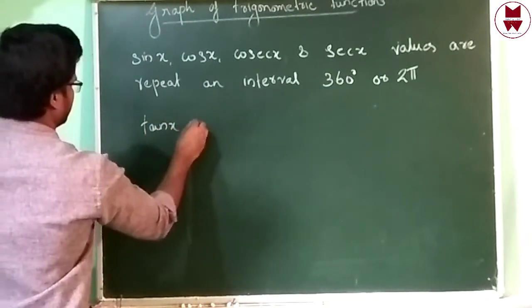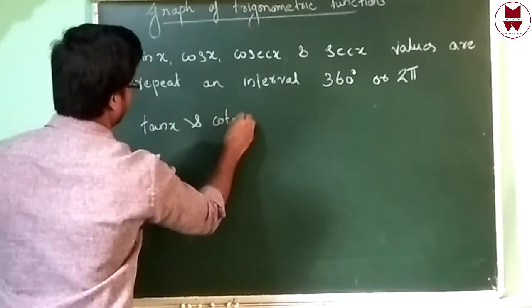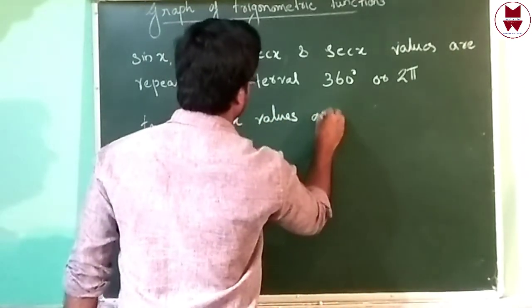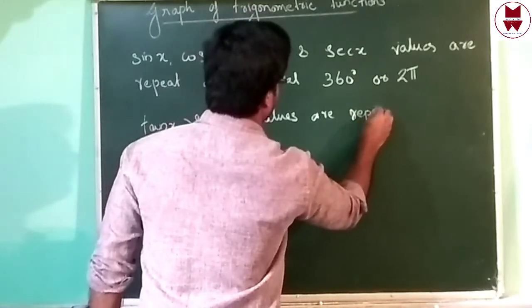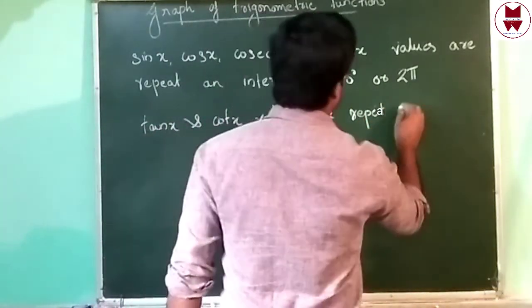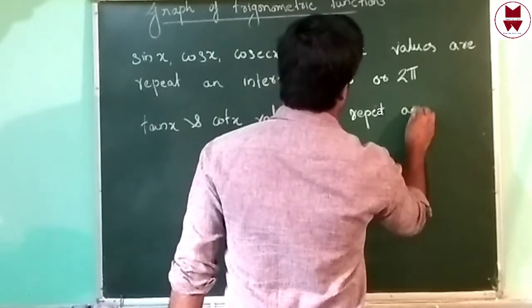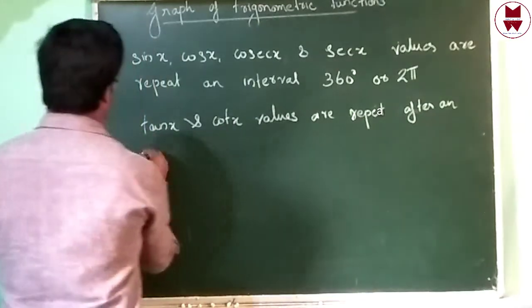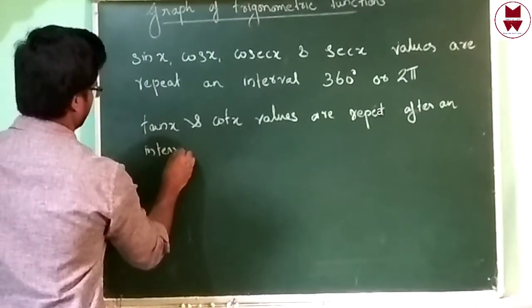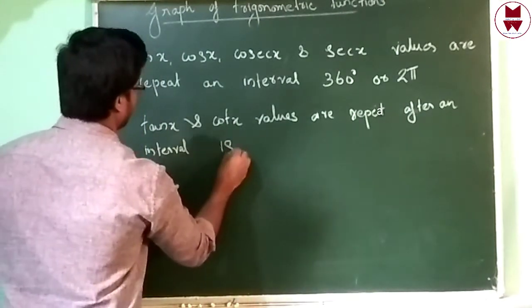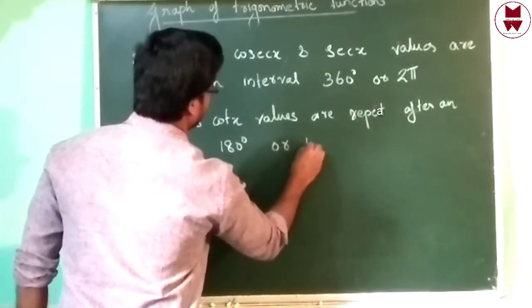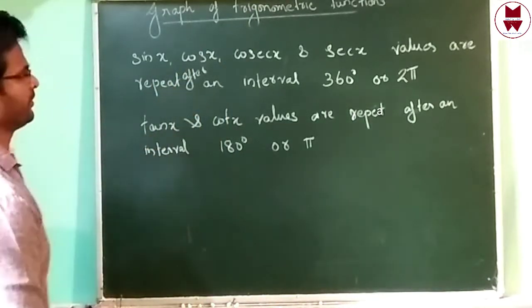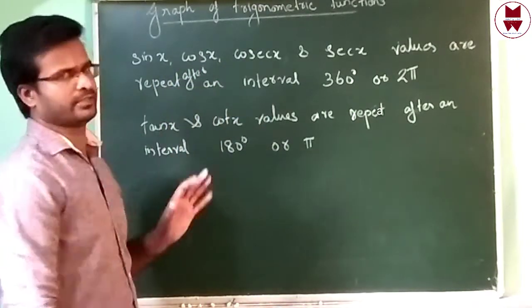Tan x and cot x values repeat after an interval of 180 degree, or 180 means pi. Then this is the main concept.